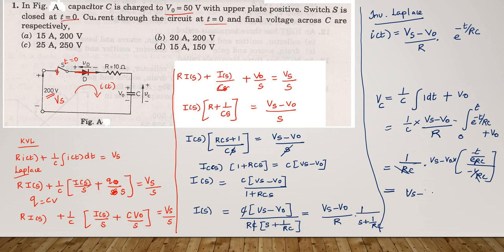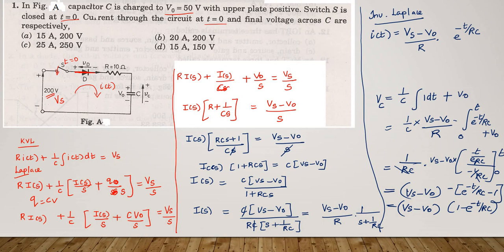So (Vs minus V0) into minus of, first apply the upper limit e power minus t by RC. Then write the lower limit. The answer is (Vs minus V0) into (1 minus e power minus t by RC).